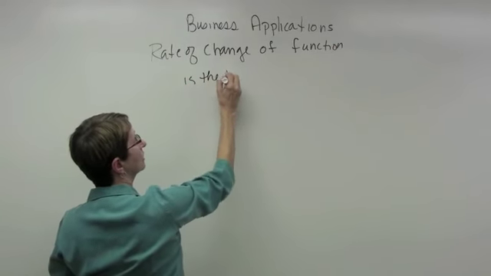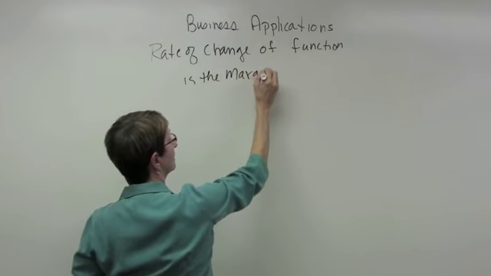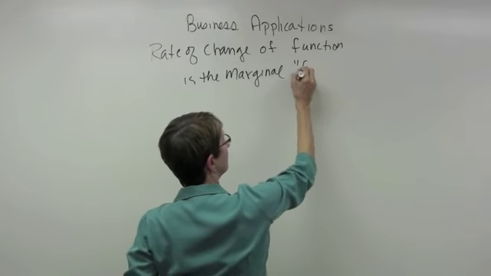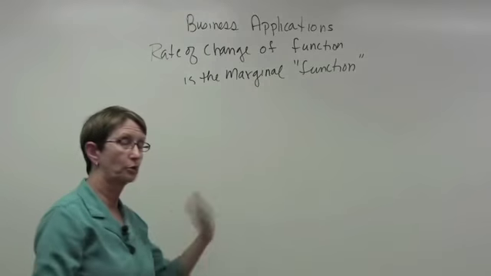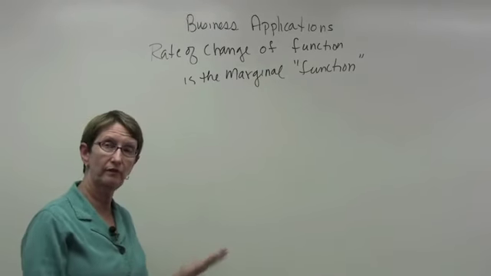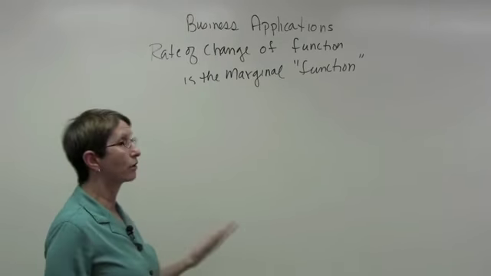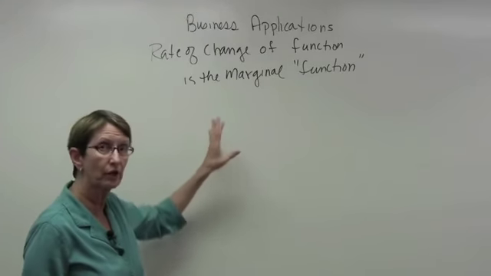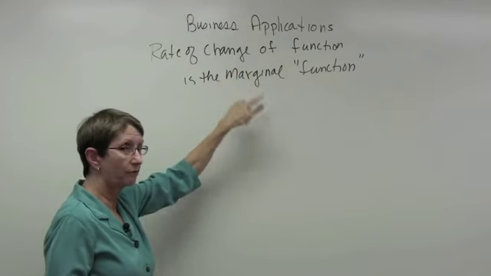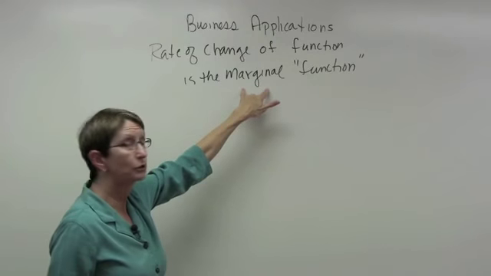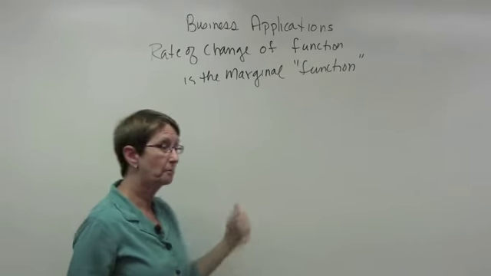So if we have marginal profit, that would be the derivative of the profit function. If we have marginal cost, that is the derivative of the cost function. That's the rate of change of the profit or revenue or cost in producing and selling one more item.